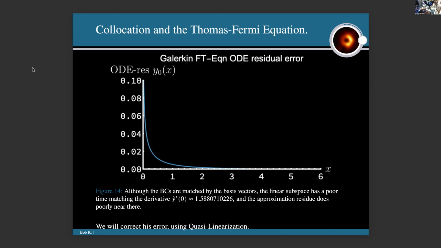The problem is that the linear spaces have 4 derivatives, and when you do Galerkin's method, you don't come close to matching the derivative of the Thomas-Fermi equation, which is 1.58807102226, ... So you see, that's where the problem is.